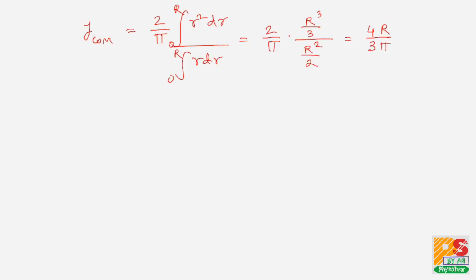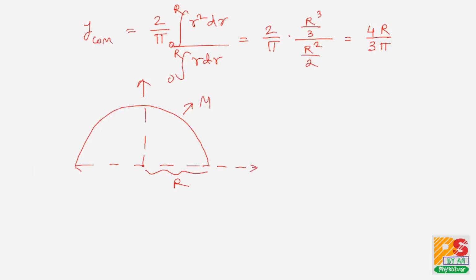Therefore the final answer is, for a uniform semicircular disc of radius r and mass m, the position of the center of mass has a coordinate of (0, 4r by 3 pi).